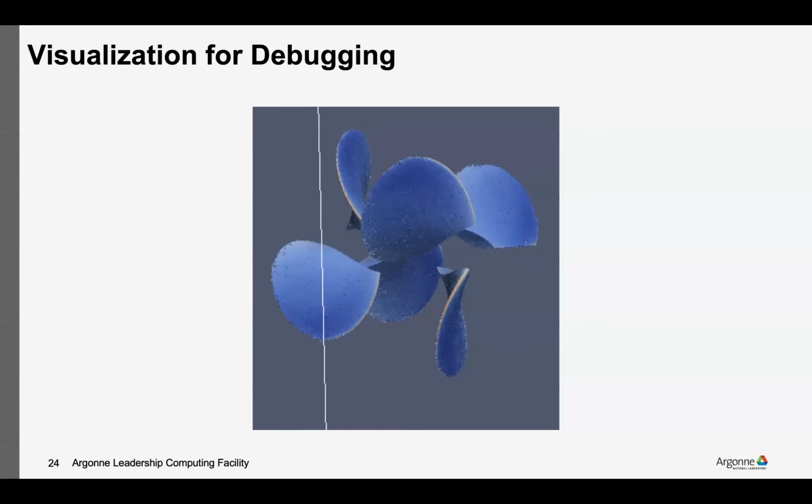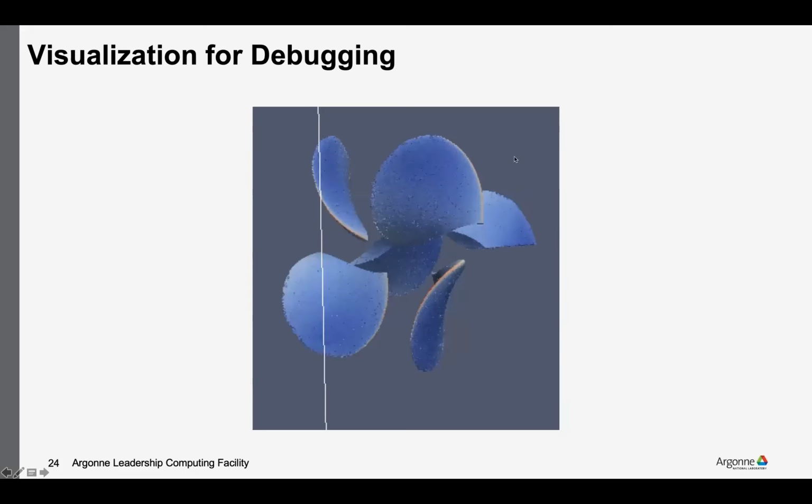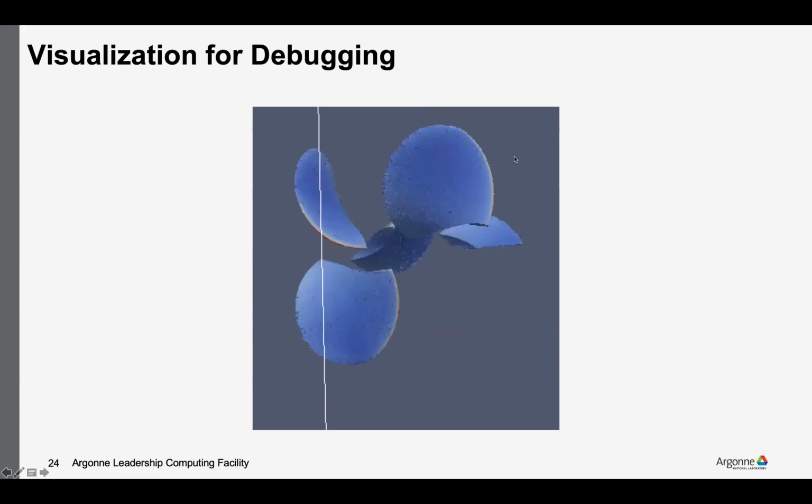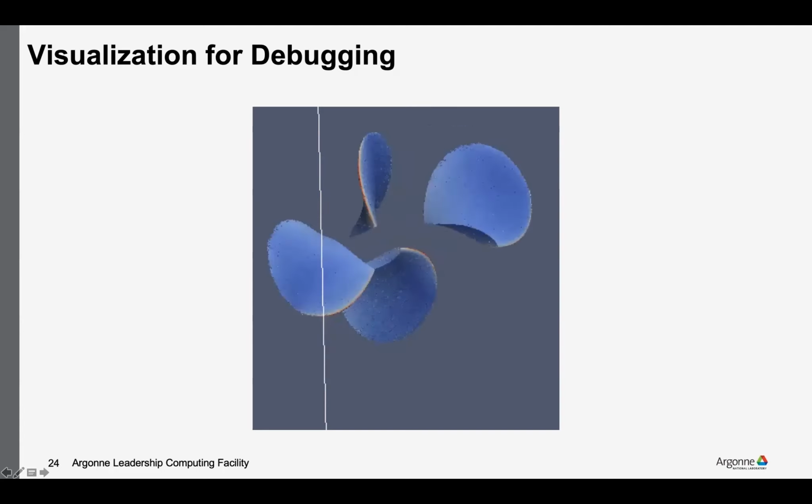So fluid is moving from right to left. Keep your eye on the propeller on the right, which is essentially the front propeller, as the simulation progresses.